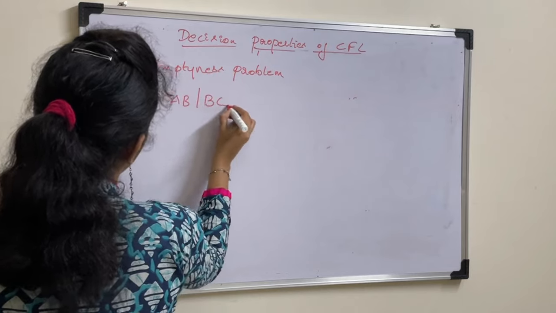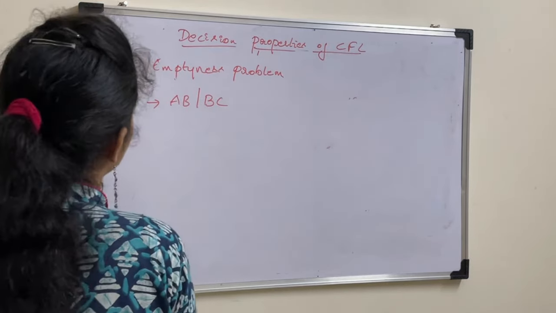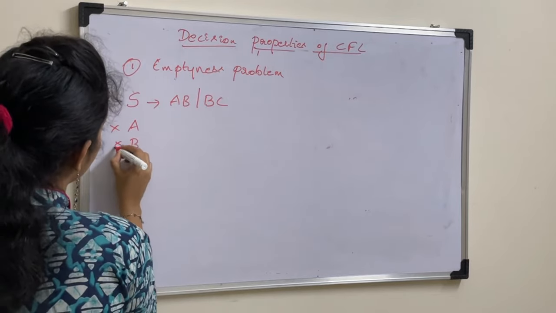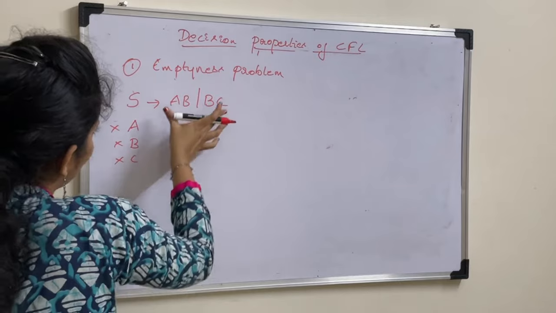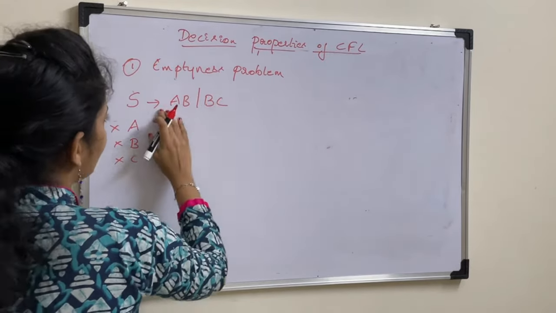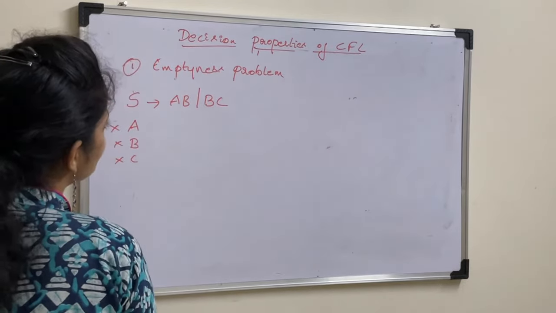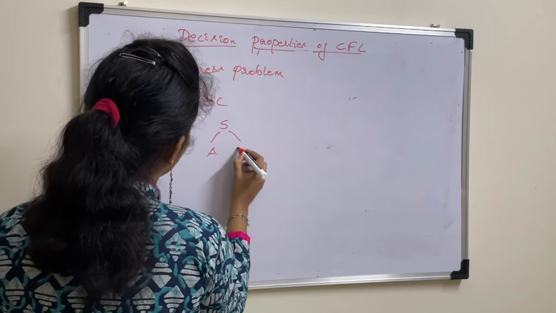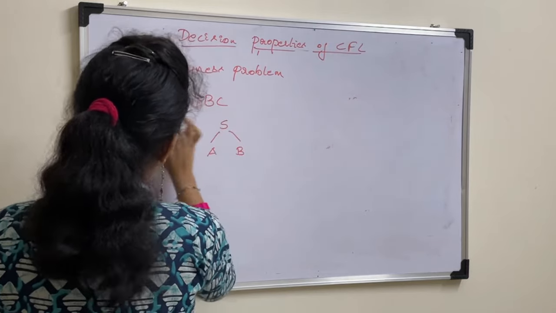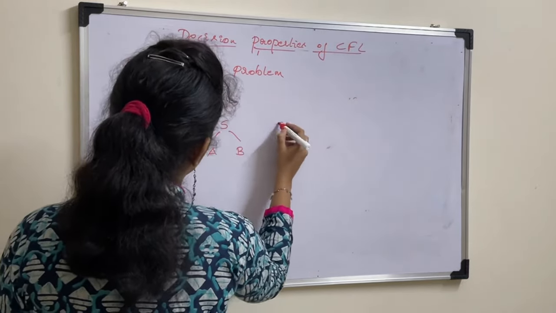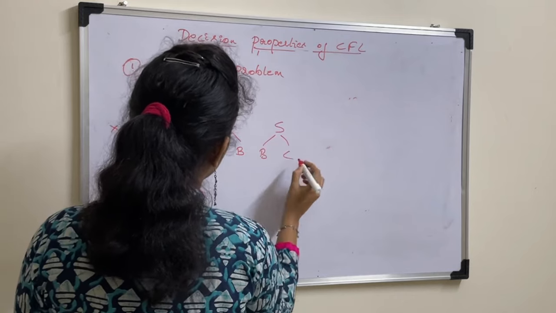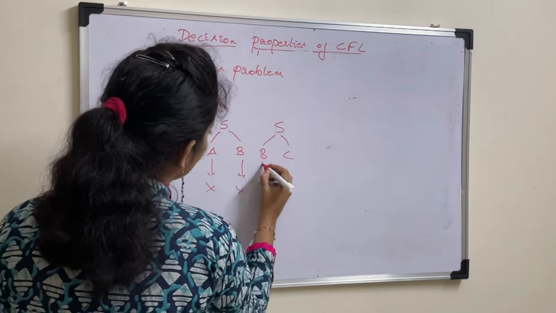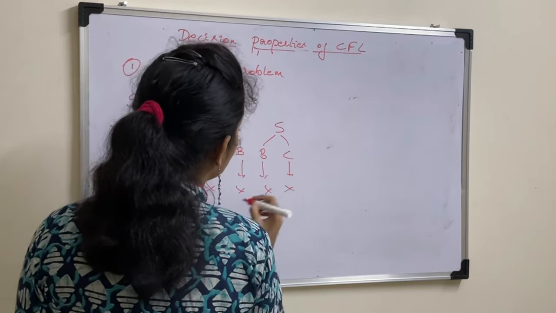Say suppose we have productions like this. There is no A production, B production or C production. We have just a single production, and you can't generate a string of terminals from this, right? So S derives AB and S derives BC. From A we can't generate anything, from B nothing, and it's the same in this case also.